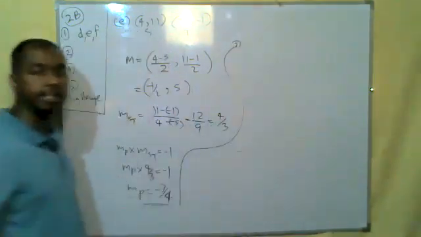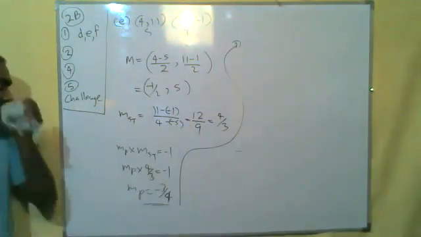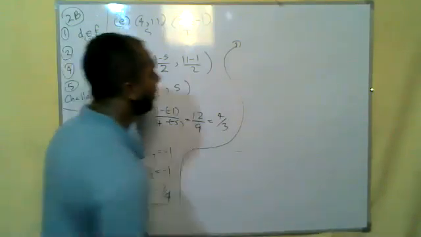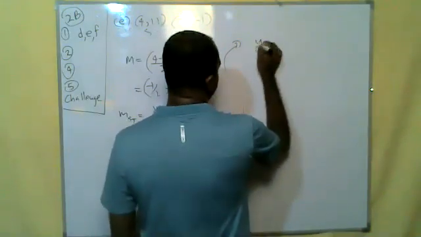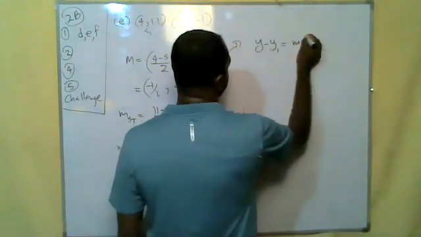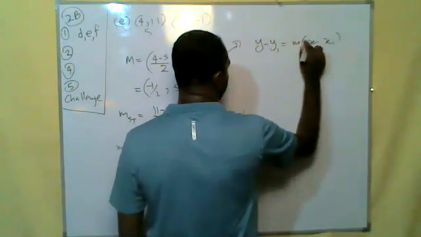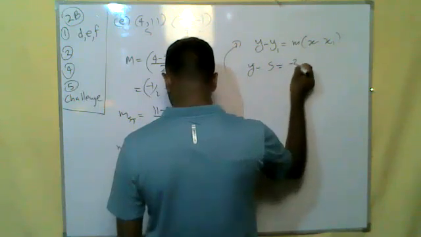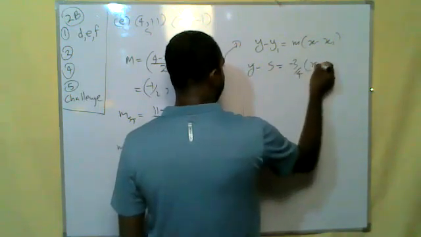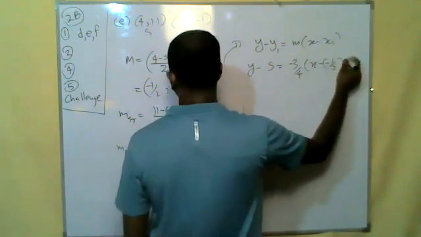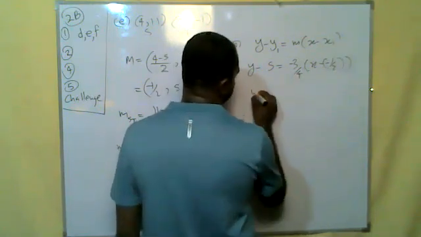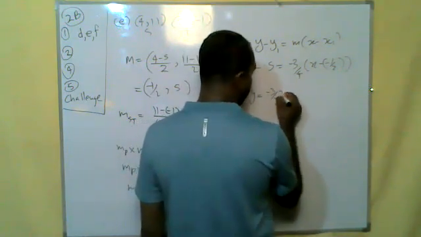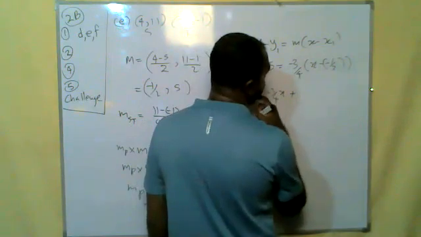So now how can we find the equation of the perpendicular line? We know a point, we know the gradient. So y minus y1 equals gradient times x minus x1. y minus 5 equals minus 3 over 4, x minus minus half. If you simplify a bit, you will have minus 3 over 4 x, here what do we have?